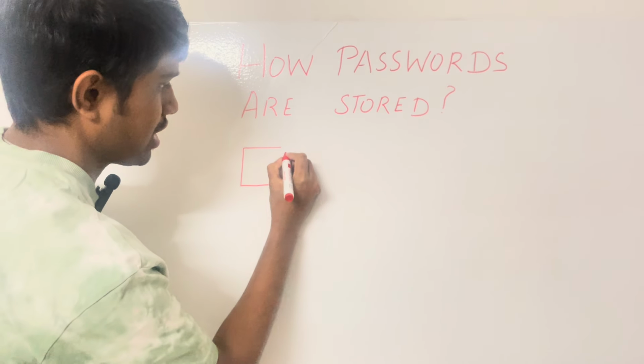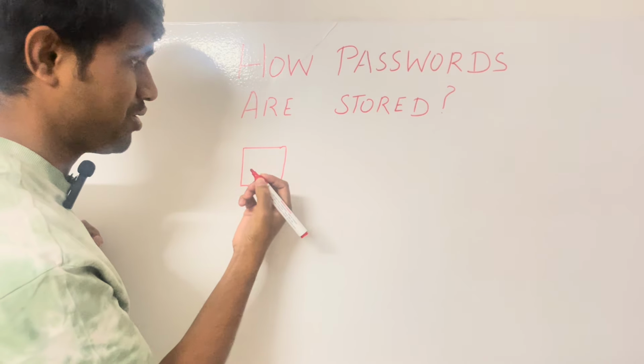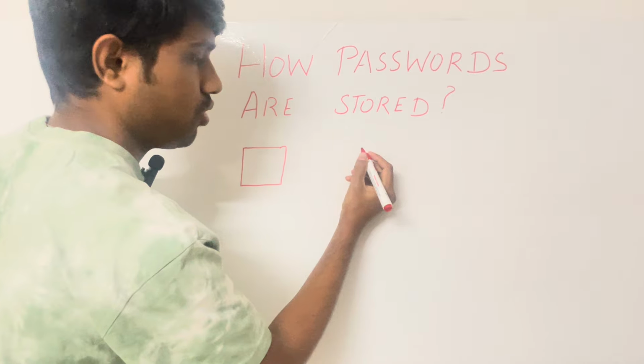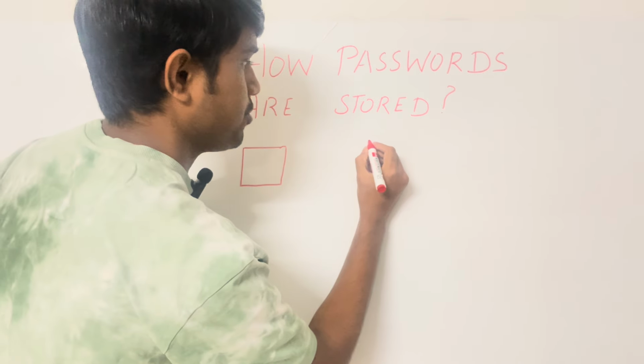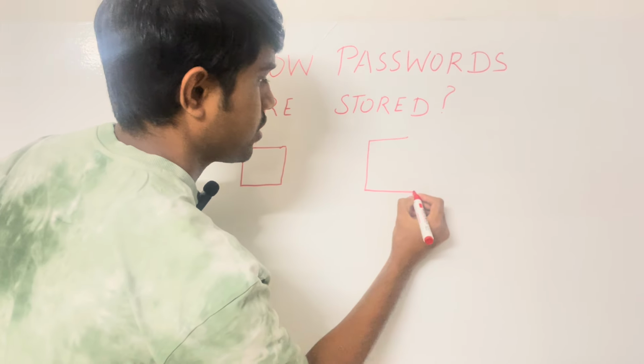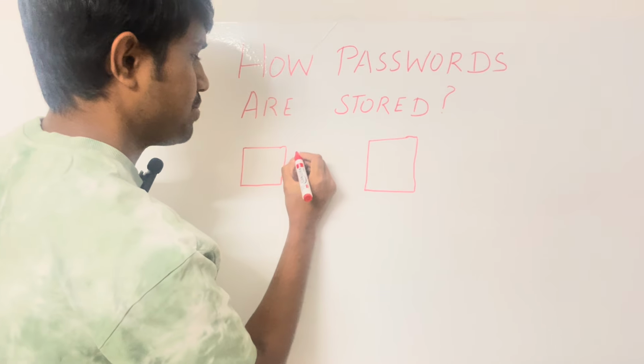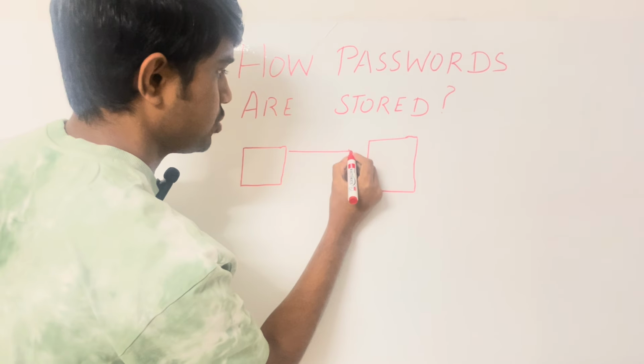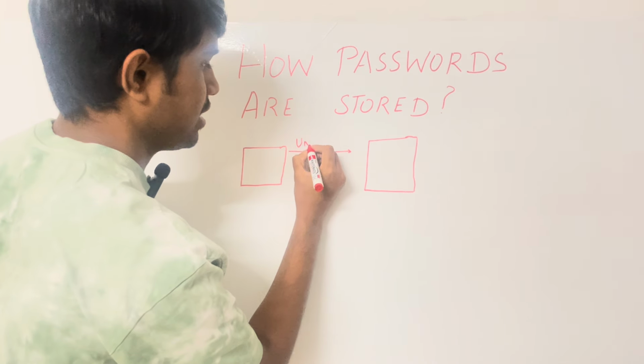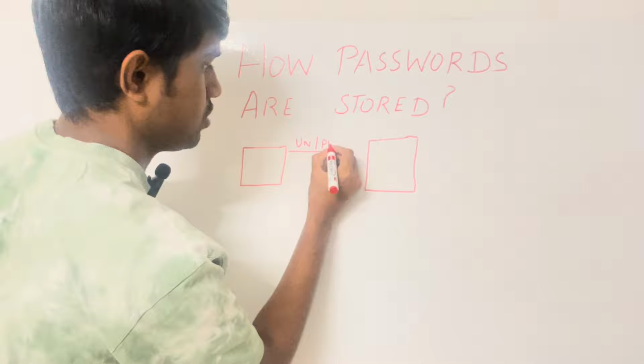You have your client, your computer or laptop or mobile, and then here you have your server. It can be the Google server. In the sign up page, you send your username and password.